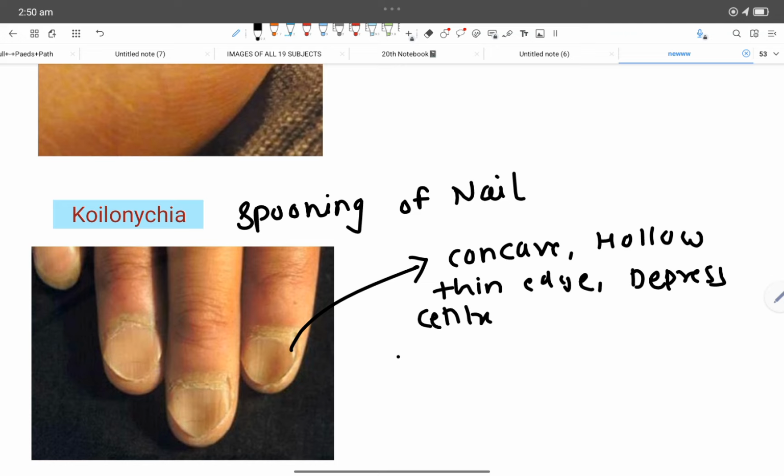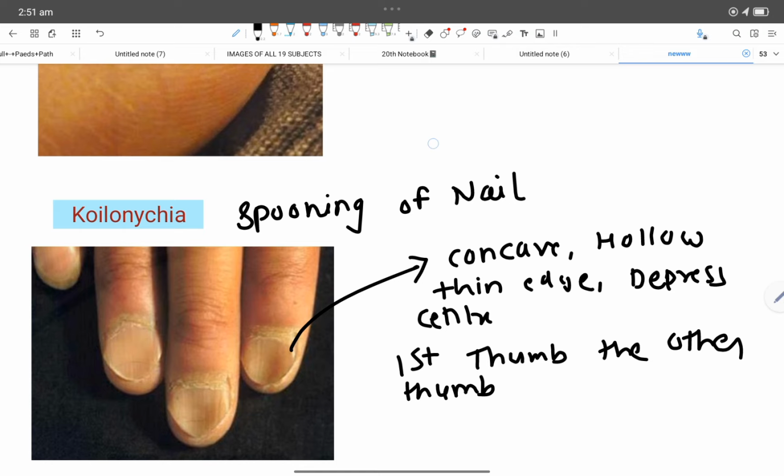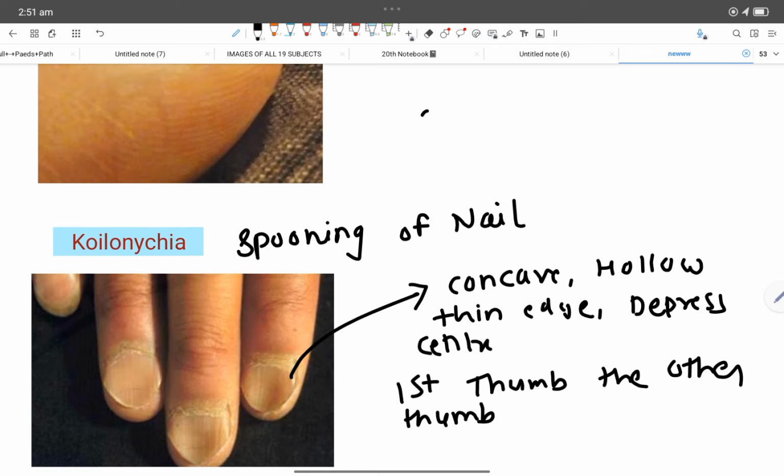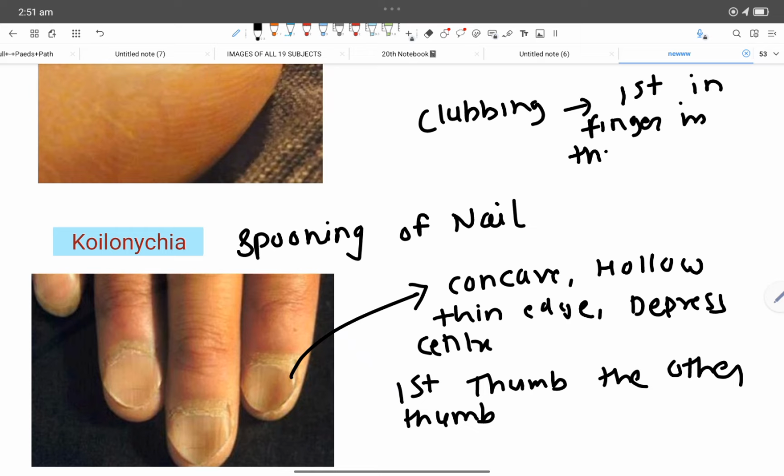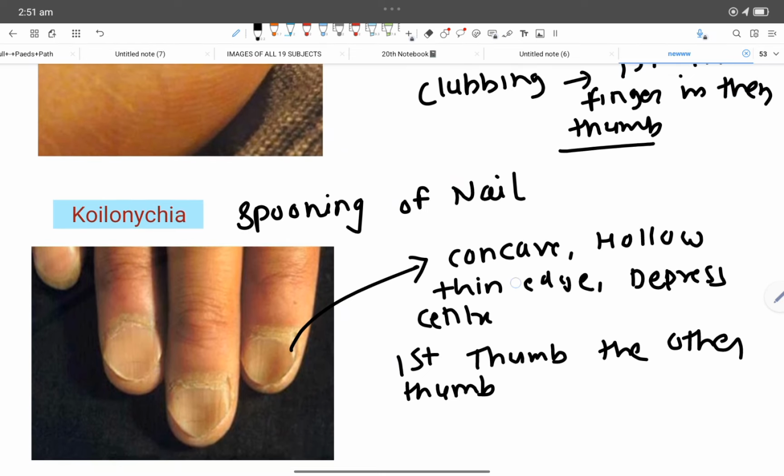Mostly it manifests first in the thumb, then other fingers. In clubbing, it manifests first in a finger, then in the thumb.